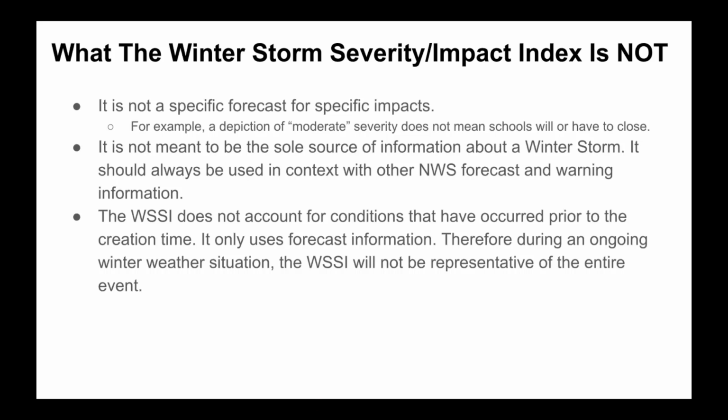But because the WSSI is forward-looking, it didn't know that some of the ice was accumulating faster than previously thought, and it was not taking into account the earlier accumulated ice amounts. So keep in mind that as the forecast changes, this will update, but once you get past the observed condition, it's not going to know that it's happened necessarily, with the only exception being ground blizzard.